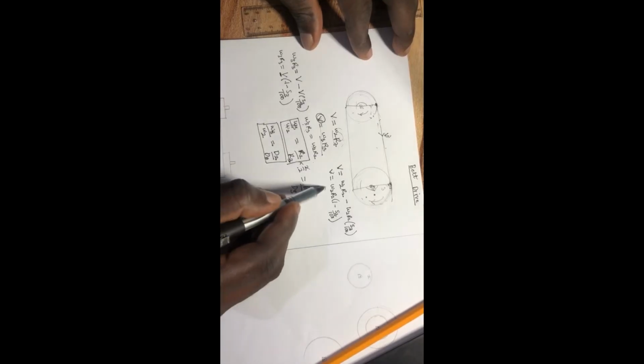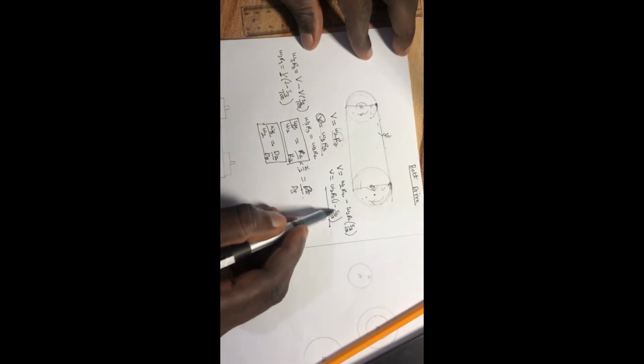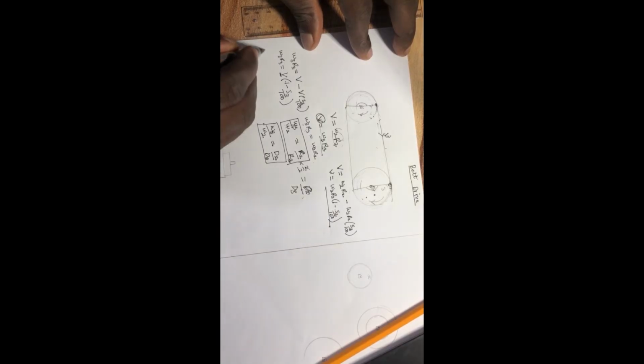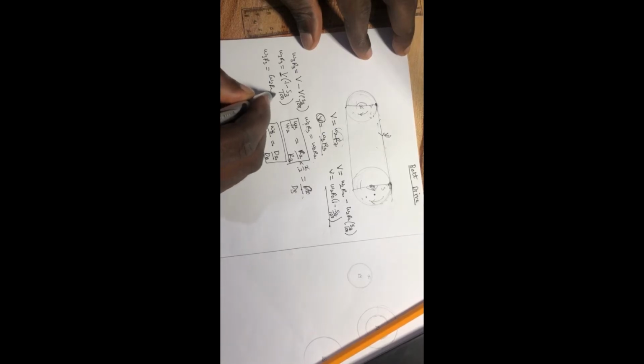Now the velocity coming, which is V, is equal to omega 2 R2 into brackets 1 minus S2 on 100. So omega 3 R3 will be equal to omega 2 R2 into brackets 1 minus S2 on 100, which is for V, times 1 minus S3 on 100.